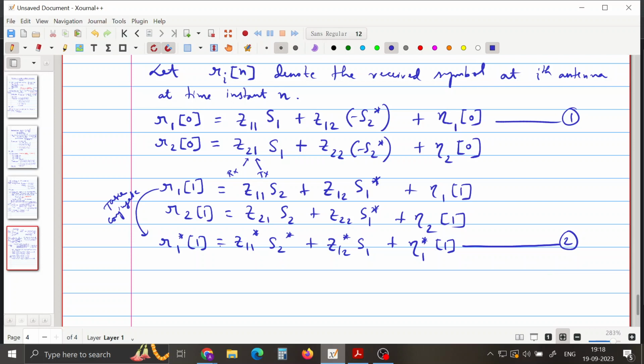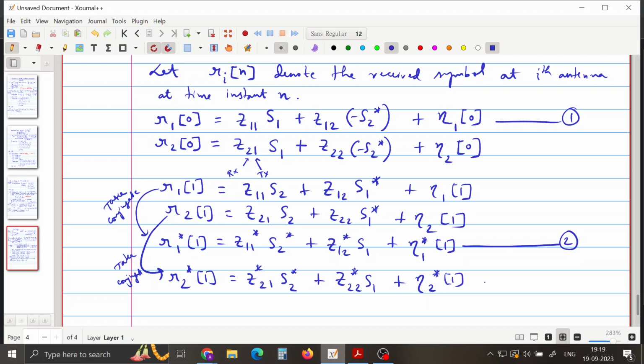Similarly I'll take the conjugate of R2 of 1, which will give me R2 star of 1, which would be Z21 star S2 star plus Z22 star S1 plus eta 2 star of 1.